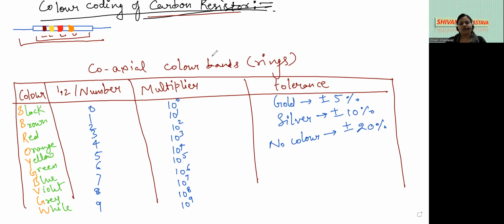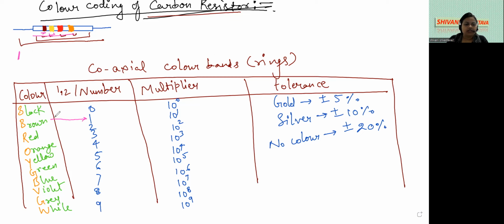So likewise, we can calculate the value of the resistor, meaning how many ohms the resistance has. Now as we have this example, we'll calculate according to this. What is the first color? The first color is brown, right? In front of brown, what is there? 1. Actually, I made this roughly, sorry for that, but you will get the concept. 1. The second one is yellow.